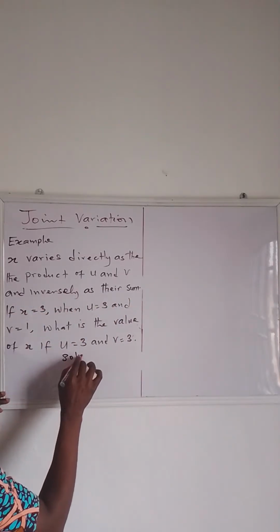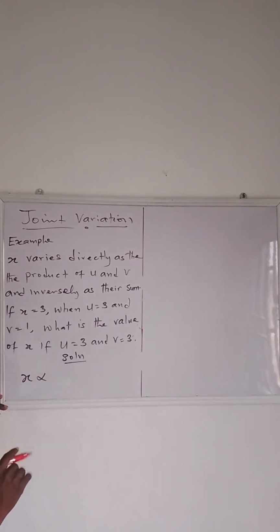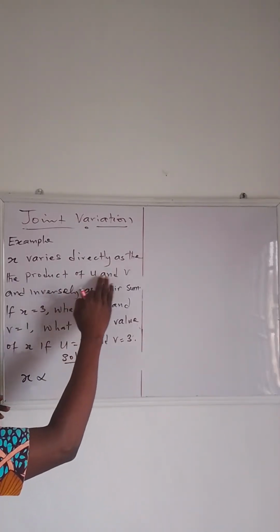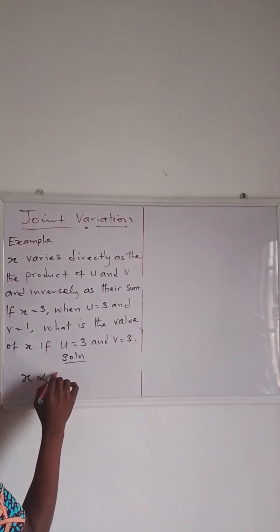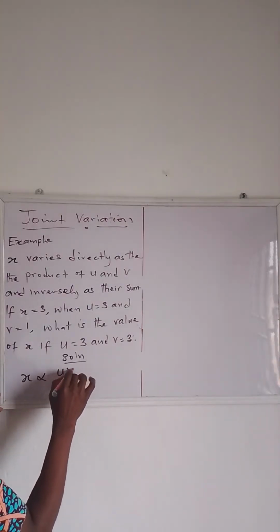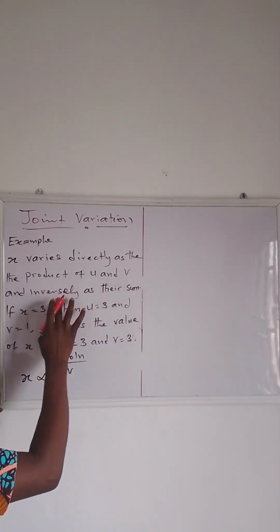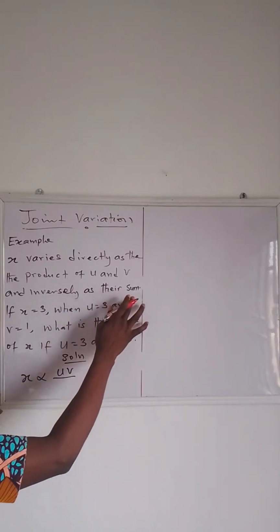Solution. X varies directly as the product of U and V. Product means multiplication. So product of U and V, that is U times V, and what? Inversely, that is the reciprocal of their sum.